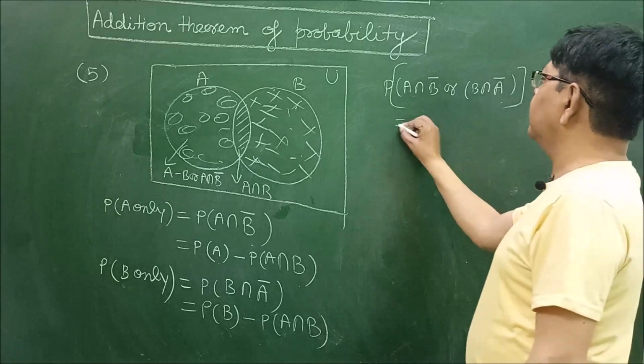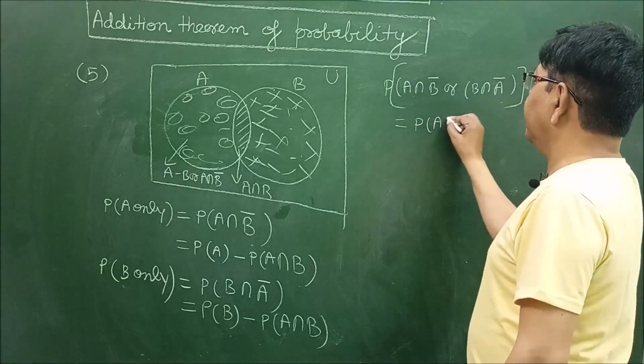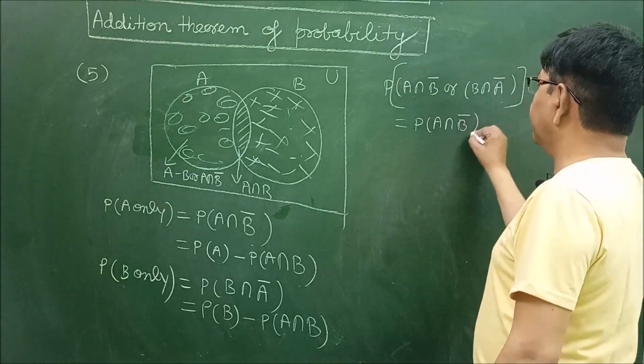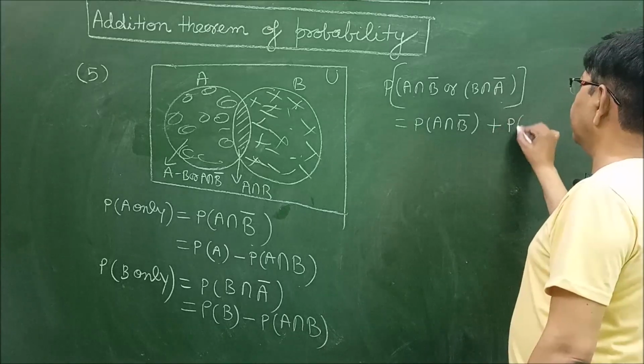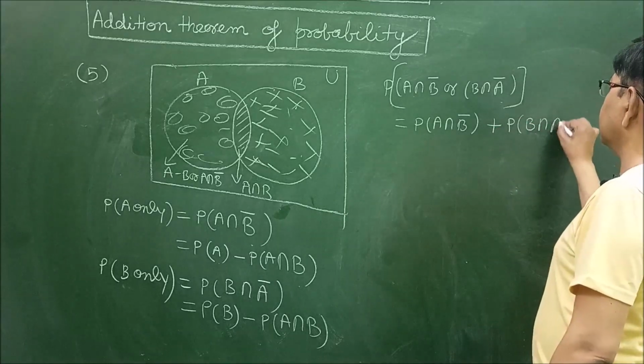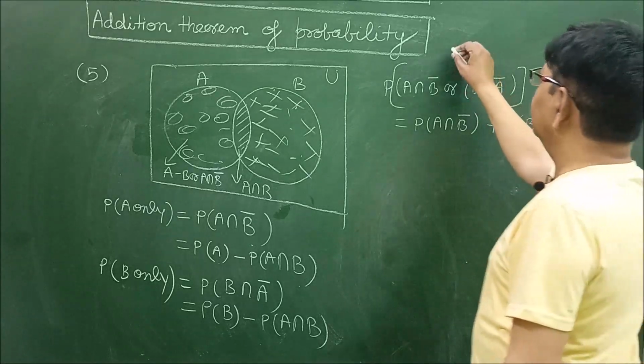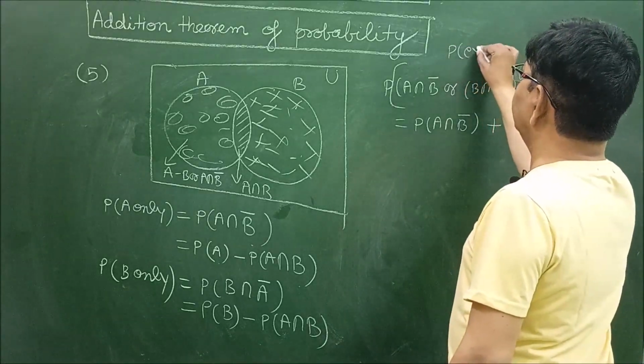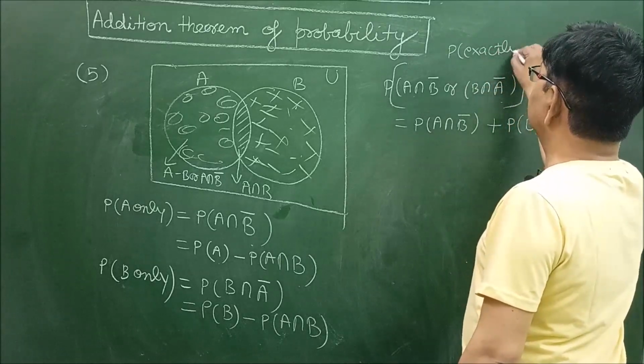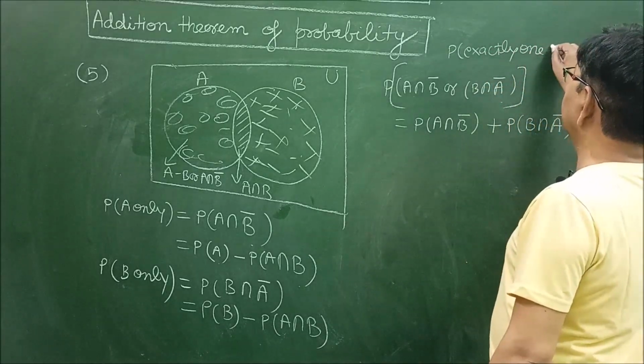So this will be equal to probability of A intersection B complement plus probability of B intersection A complement.